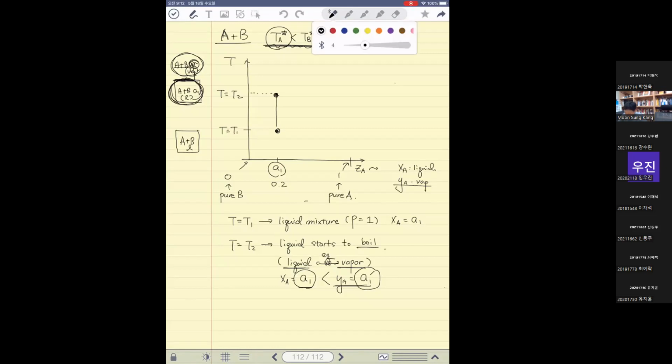And let me put, and at that temperature, let's put this to be A1, right? And if you do a similar experiment from different composition to start with, let's say you start with A2, right?